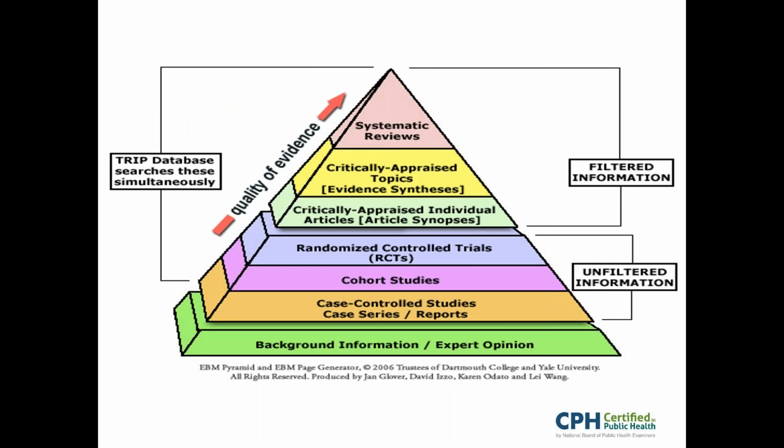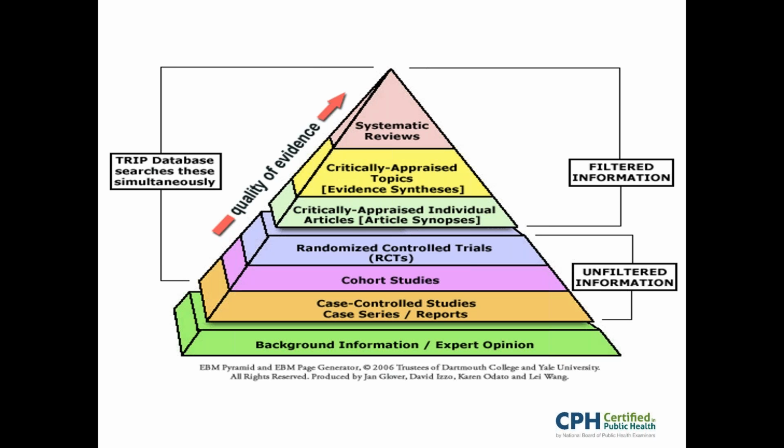Here we have the evidence-based pyramid. For those of you who are not familiar with this photograph, over on the left side, we have TRIP database searches. TRIP is essentially turning research into practice. It's just an example of a clinical search engine, but you could use PubMed, or any other search engine that you're familiar with.